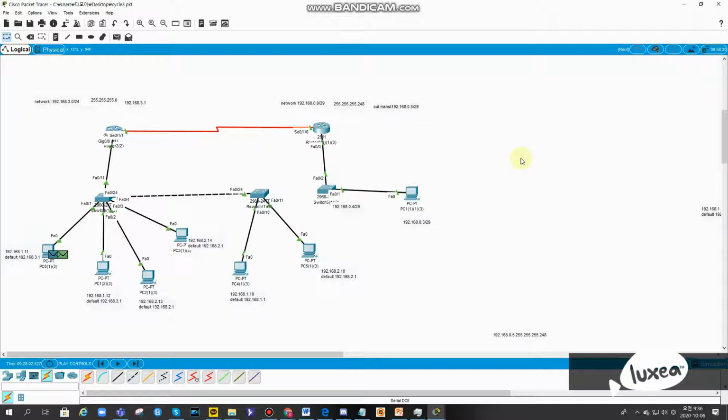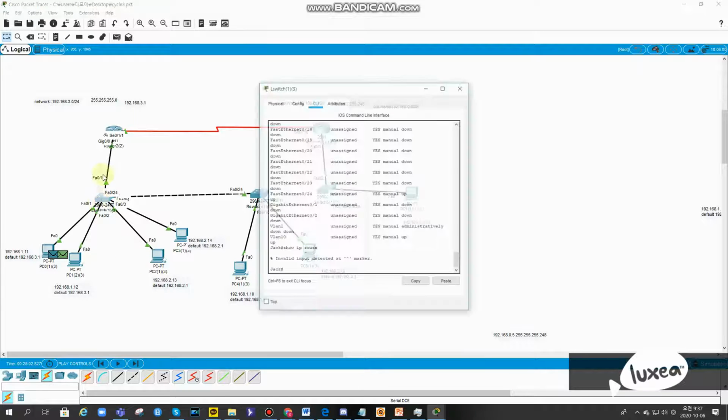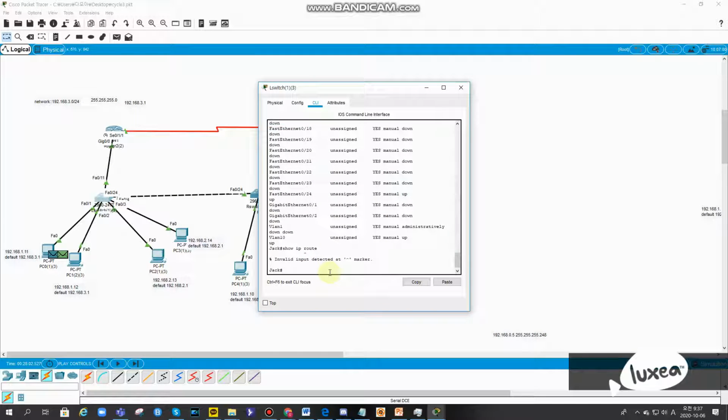So I grouped two PCs with VLAN 10, so I'll just put it in here, VLAN 10 and VLAN 20 in here. Let's just think about this section. So VLAN 10 and VLAN 20, and other different numbers in here. Show run.